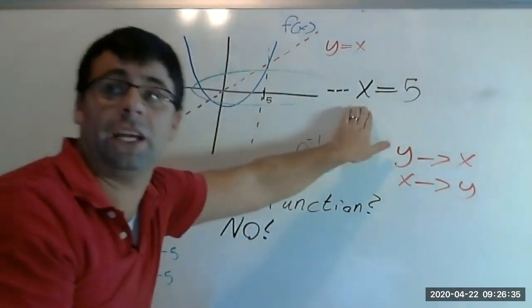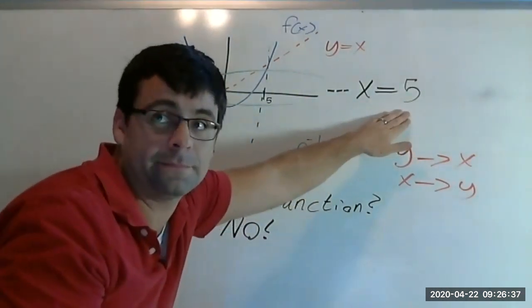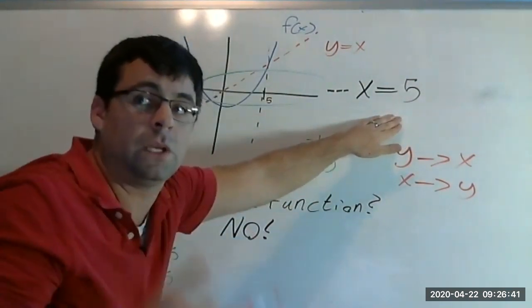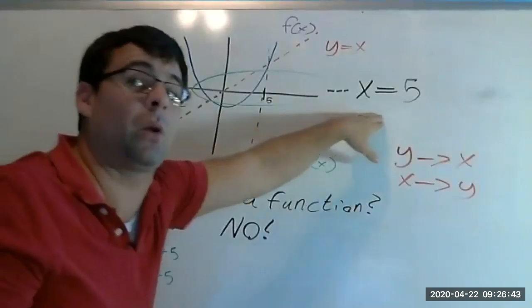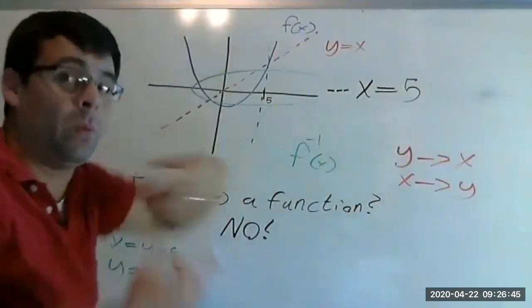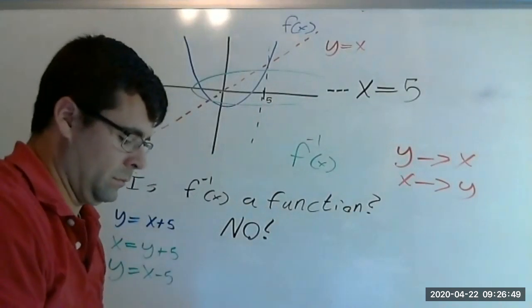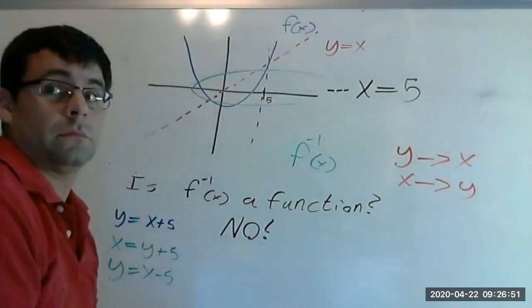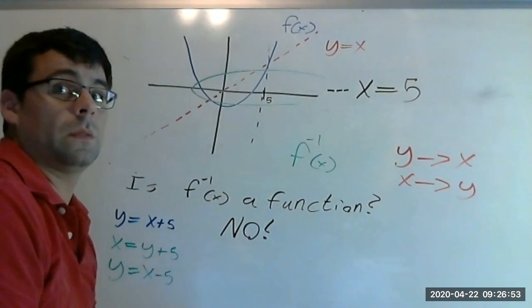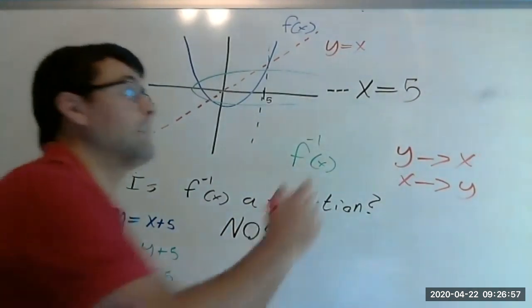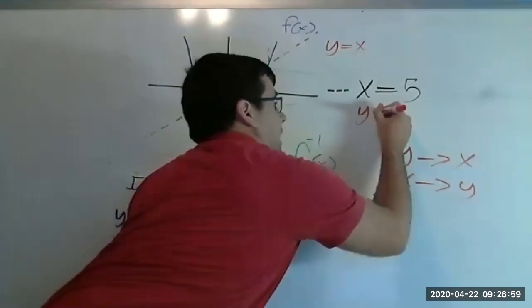Everywhere you see a y right here, put x. Okay? Good? Now everywhere you see an x, put a y. And tell me what you have. Y equals 5. Y equals 5.